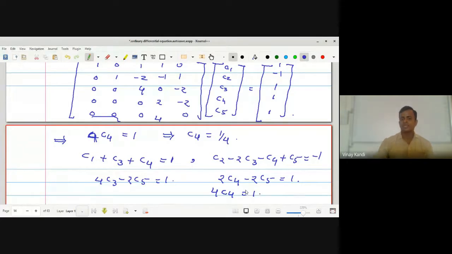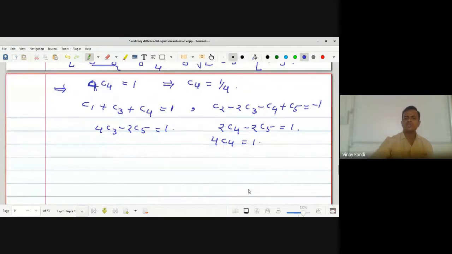ओके, हे सगळे सॉल्व करा आणि मला C4 C3 ची व्हॅल्यू सांगा. C4 तर आलायच आहे तुमच्याकडे. C4 किती आलाय? 1 by 4. ओके, नाउ टेल मी C2 सगळे सांगा. Put C4 in this equation. Here we get 2 into 1 by 4 minus 2 into C5 is equal to 1.